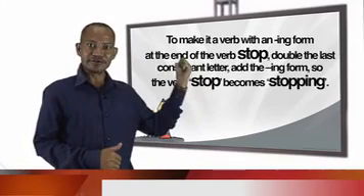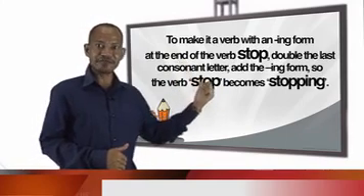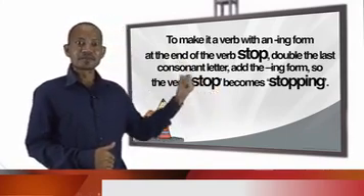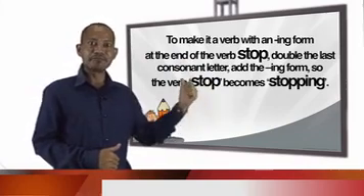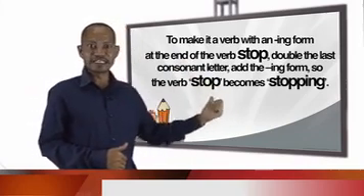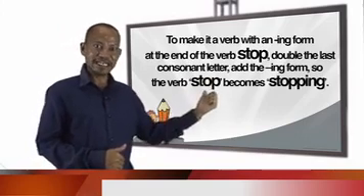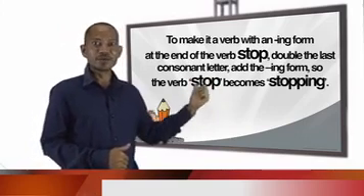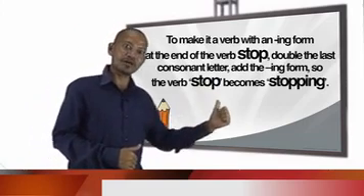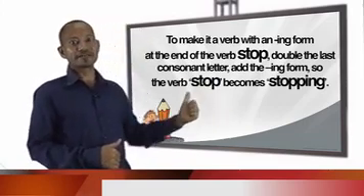To make it a verb with an ing form at the end of the verb stop based on the pattern, we just need to double the last consonant letter and then add the ing form instead, where in this case the verb stop becomes stopping.